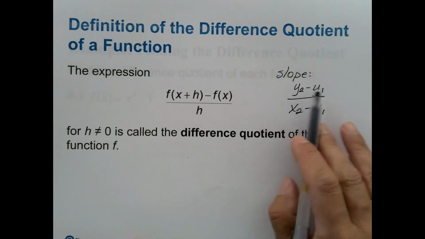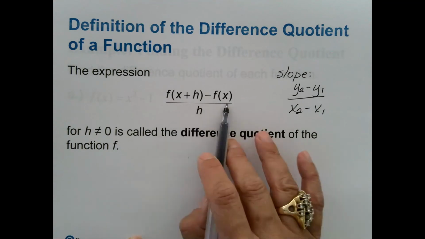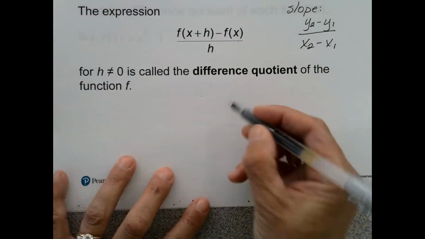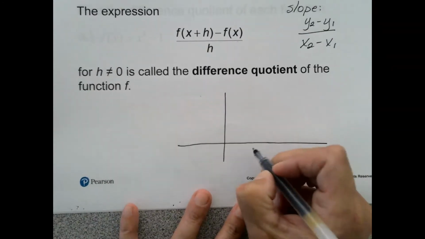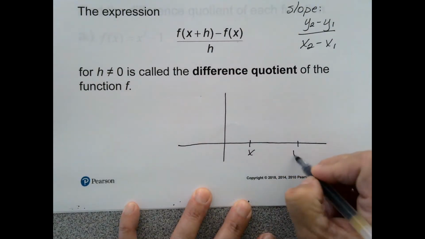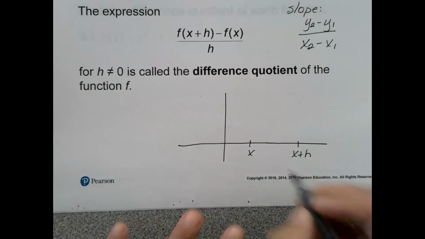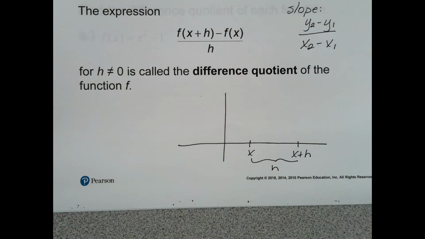So y2 in function notation, it's just two different function values. So let me show you what we're talking about here. Let's say I have a point x that I'm evaluating my function at, and another point, I'm just going to move along the axis h units. So that's going to be the distance between my two x's.